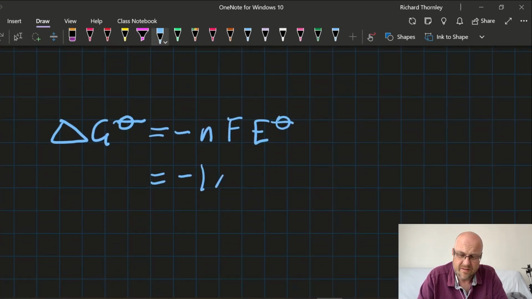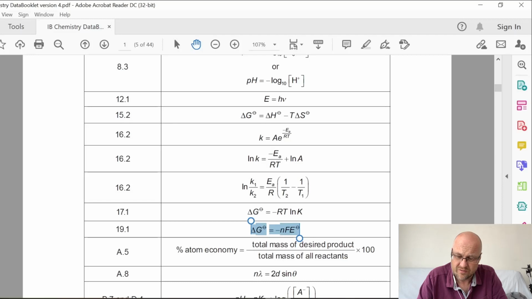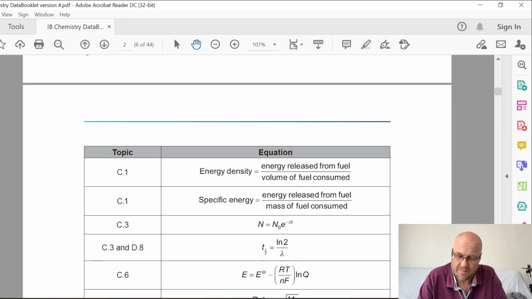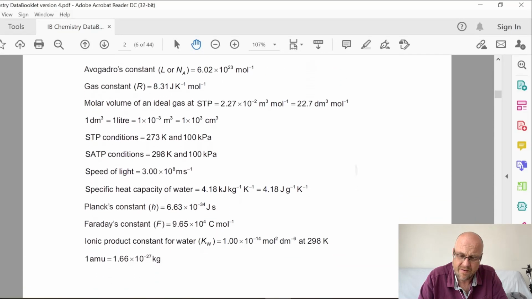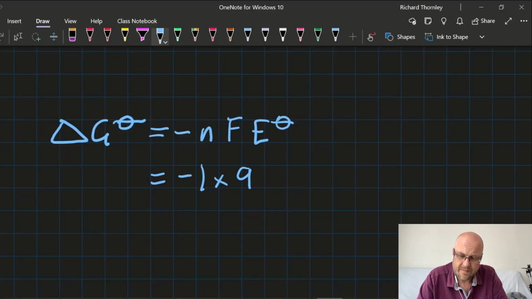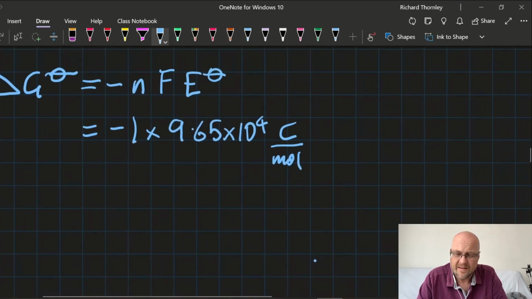F is Faraday's constant, which you used to have to memorize, but now it's given for you. 9.65 times 10 to the 4, what was the units? Coulombs per mole. And then the E cell value.